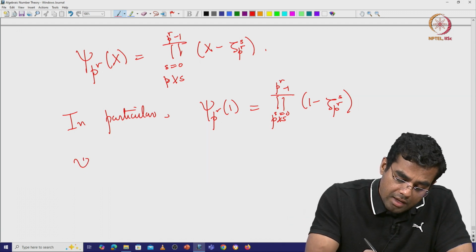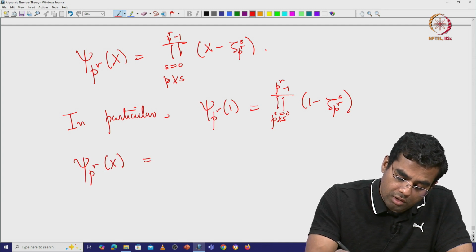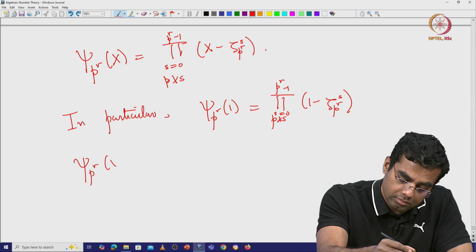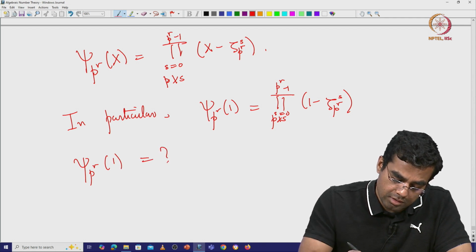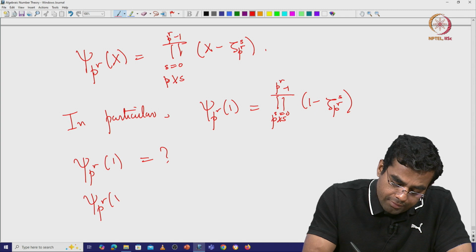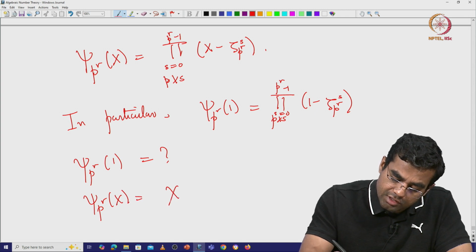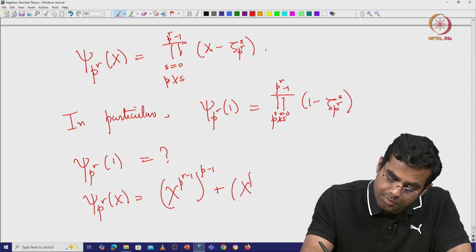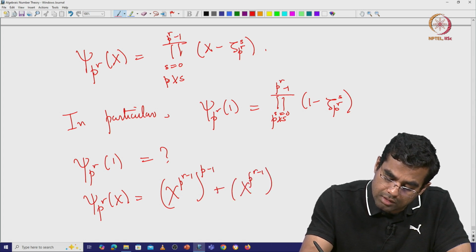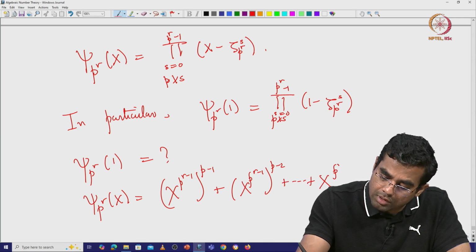But what is psi p to the r of 1? Remember, this was right. What is this? Well, psi p to the r of x, another expression for this is x to the p to the r minus 1 to the power p minus 1, plus x to the p to the r minus 1 times p minus 2, and so on up to x to the p to the r minus 1 plus 1.